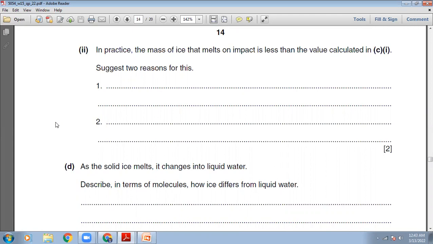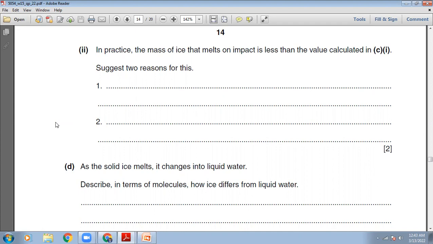But it's possible that the ice might be colder than 0 degrees centigrade. In that case, some of the energy will first be used to raise the temperature. For example, if the temperature of the ice is minus 5 degrees centigrade, some of the heat will first be used to raise the temperature of the ice from -5 degrees centigrade to 0 degrees centigrade, and then the energy will be used to melt the ice.